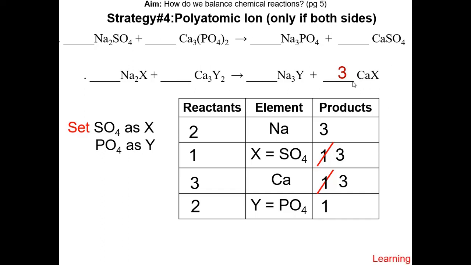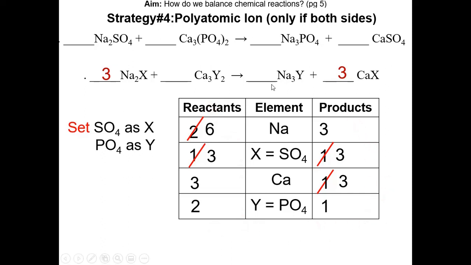We next want to balance the X. So notice we have 3 on the product side, but only 1 on the reactant side. So we're going to put a 3 in front of the Na2X. So now we have 3 X's and we have 6 sodiums. Last, we want to balance the Y. On the reactant side, we have 2, but on the product side, we have 1.